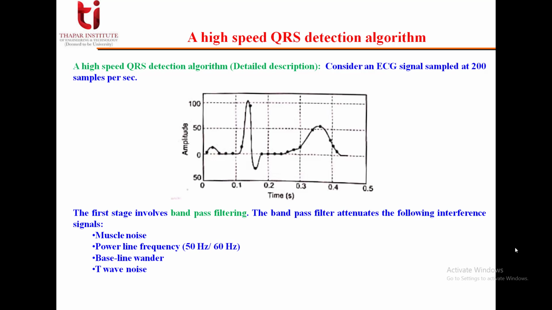But the band-pass filter basically attenuates these interference signals. We have other types of noises also, but here we are mainly focusing on these four types of noise, which can be attenuated using this band-pass filter. And the filtering output leaves the QRS signals unaffected, which mainly lie in the frequency band of 5 to 15 Hz.